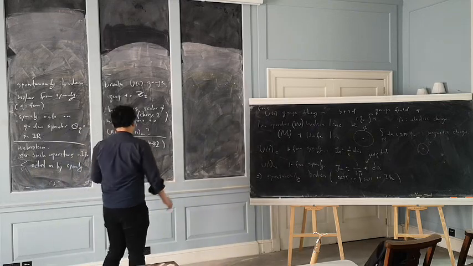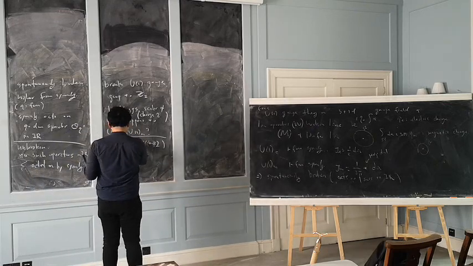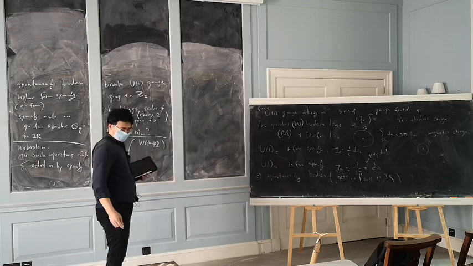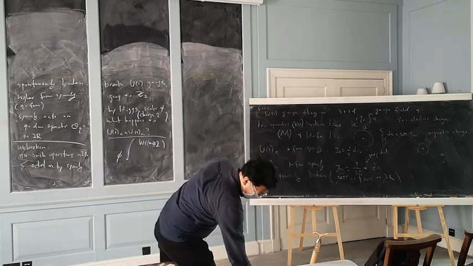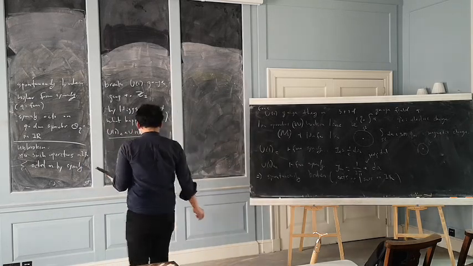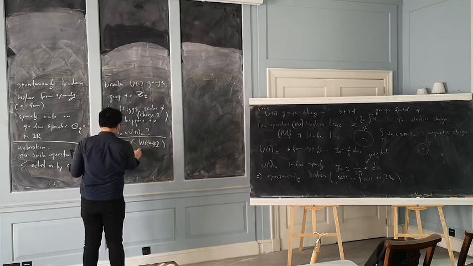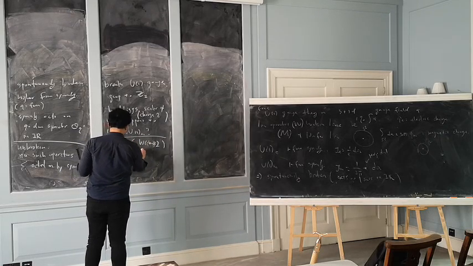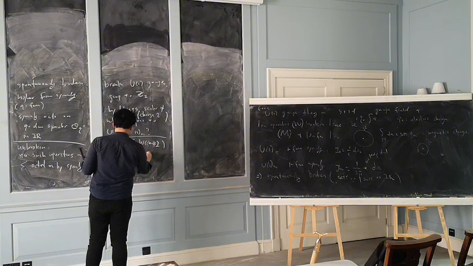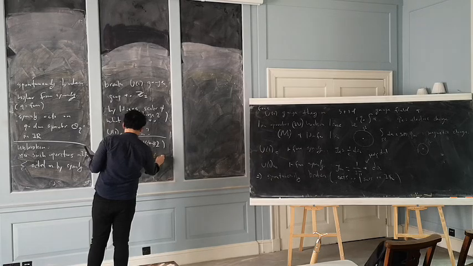And the reason is that, suppose you enclose this charge 2 Wilson line by a topological operator that generates the symmetry. So this is a symmetry operator.